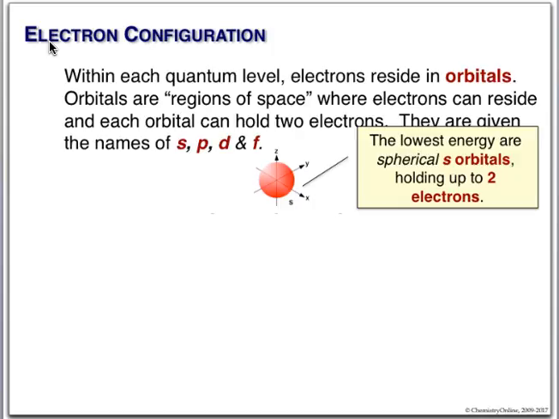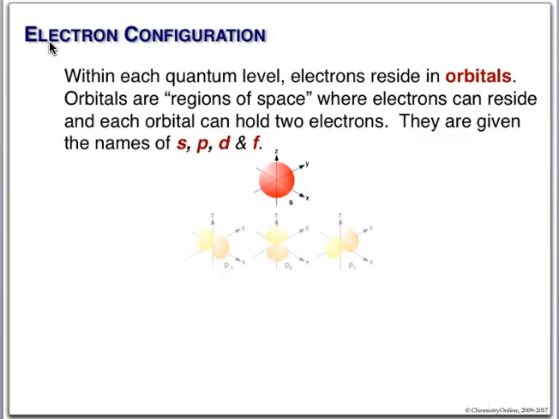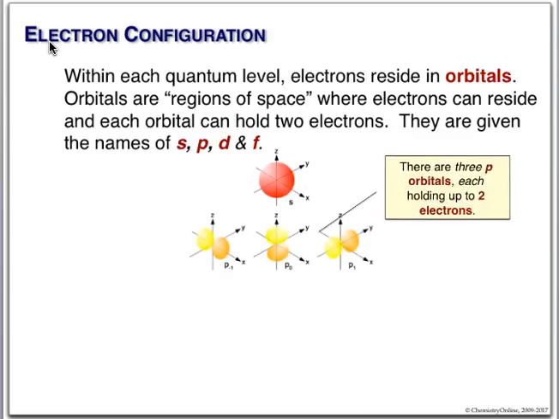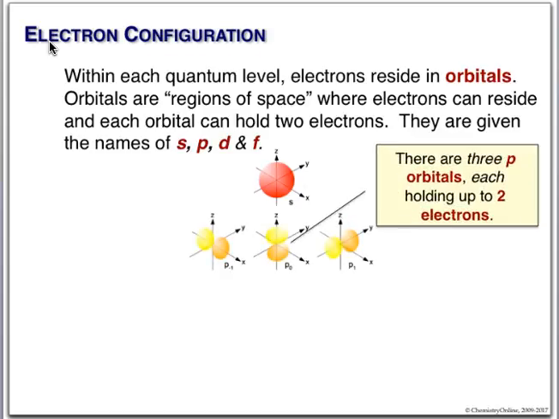This is called an s orbital. Every orbital can only hold 2 electrons. Only 2. Going up in energy, we have the p orbitals. Now, each of these orbitals, again, can only accommodate 2 electrons. So here we have 2, 4, 6 possible electrons in p orbitals.